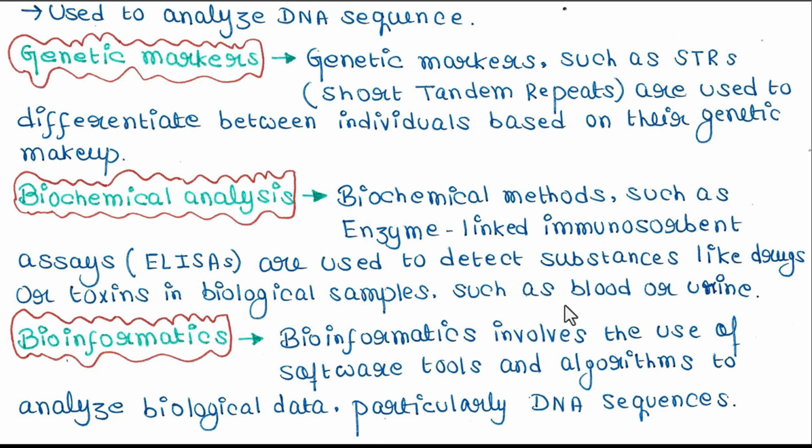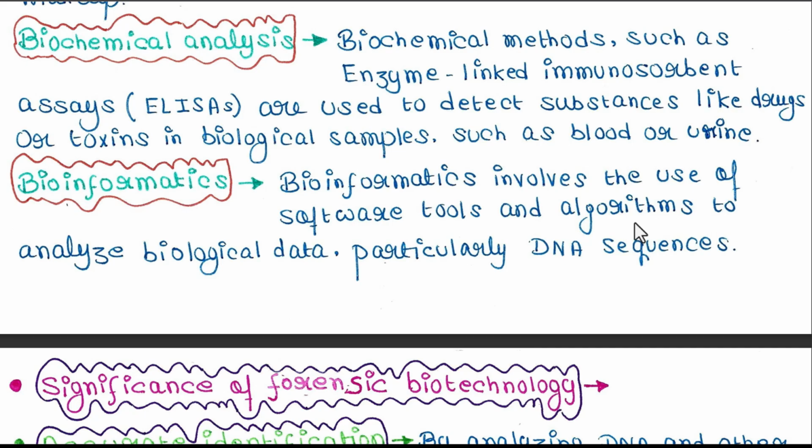Next is bioinformatics. Bioinformatics involves the use of software tools and algorithms to analyze biological data, particularly DNA sequences. So once we need to compare different DNA sequences from different samples, bioinformatical tools help us.